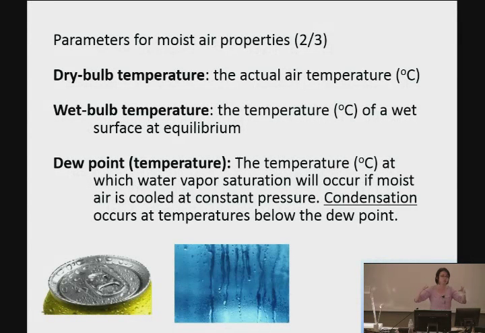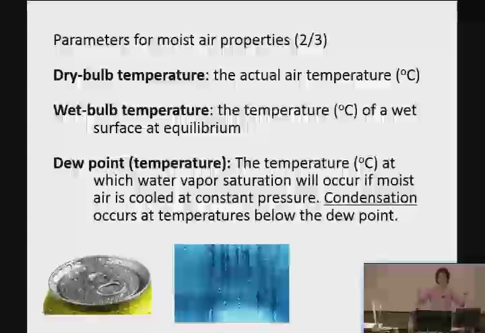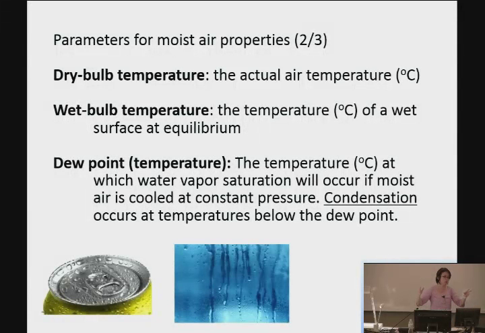If I start cooling this room, the capacity of the air to hold moisture is going to decline. Okay? And then the moisture content eventually exceeds the capacity of the air because of the low temperature. And if that happens, you see the dew condensation.